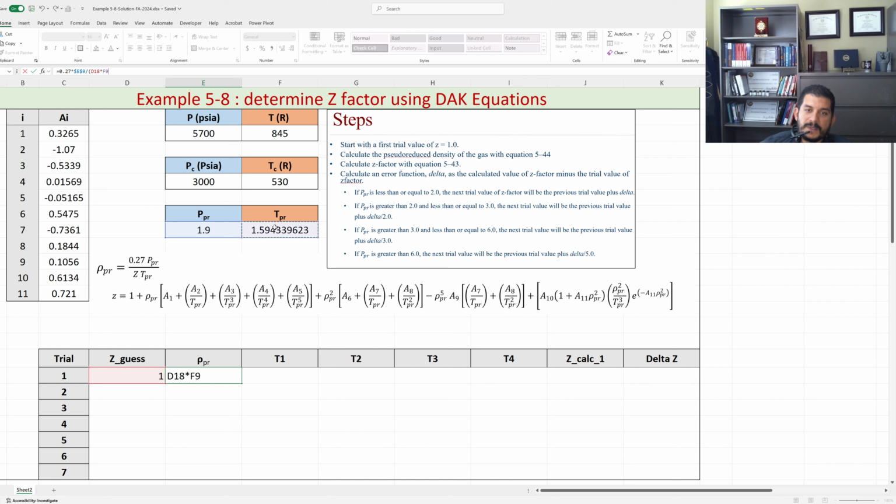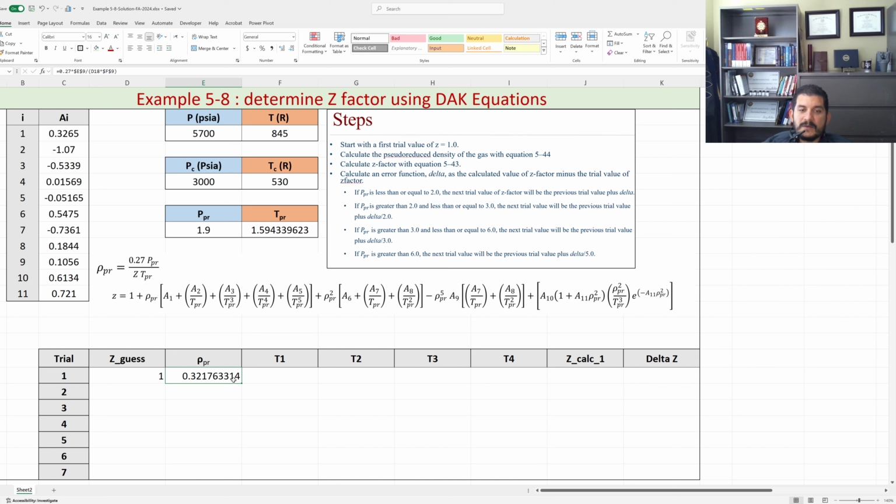I select the TPR here and I want to lock it. There we go, I clicked F4 and this time it worked. So either F4, or you add a $ sign before the F and another $ sign before the 9. Then close the parentheses and click enter.